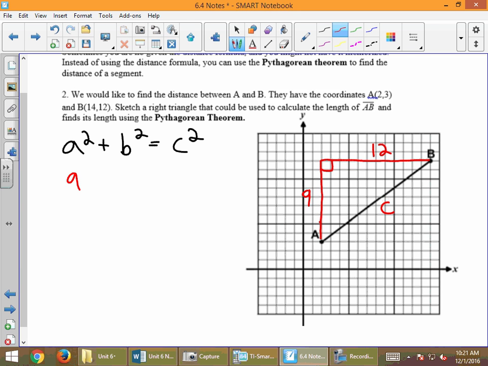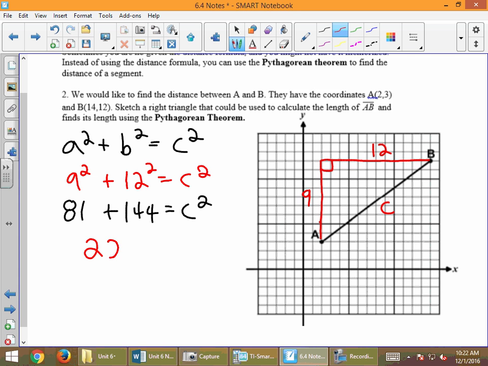So I'm going to go 9 squared plus 12 squared is equal to c squared. These are my legs, opposite the right angle. 9 squared is 81 plus 12 squared is 144 equals c squared. 81 plus 144 gives me 225 equals c squared.